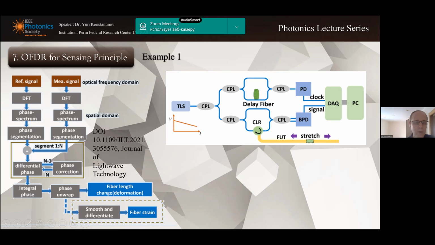So it is related to the deformations. Very simple principle, because we don't need to provide any additional Fourier transforms. We just need to extract the spectrum in the spatial domain. These procedures may differ from one setup to another, but the main idea is that we don't need any additional transforms of this signal. We just need to extract the phase spectrum in the spatial domain.